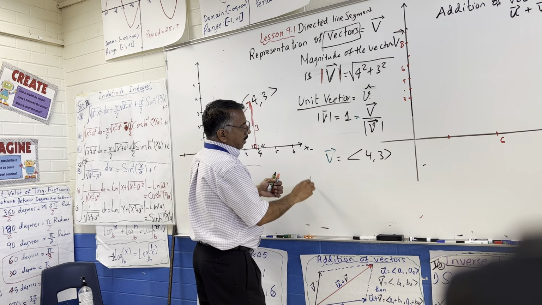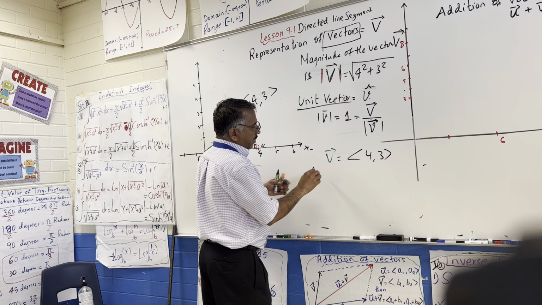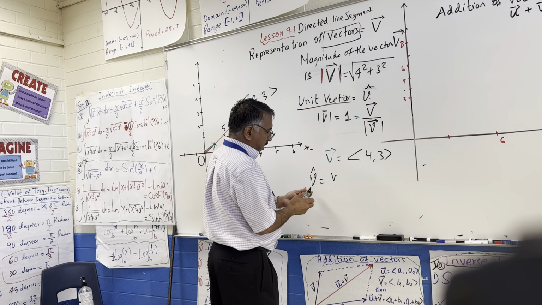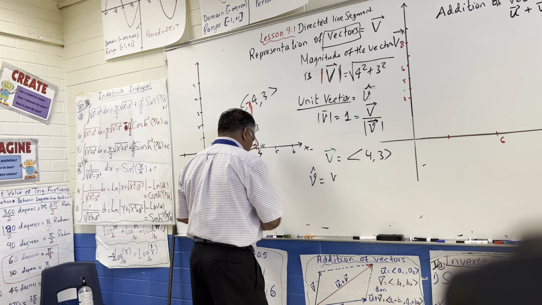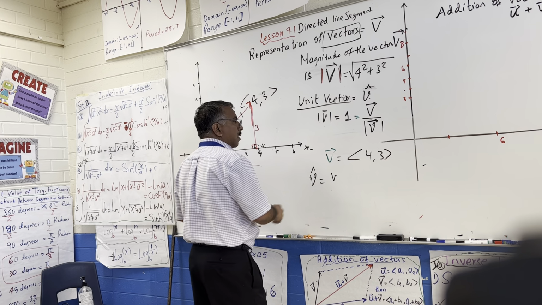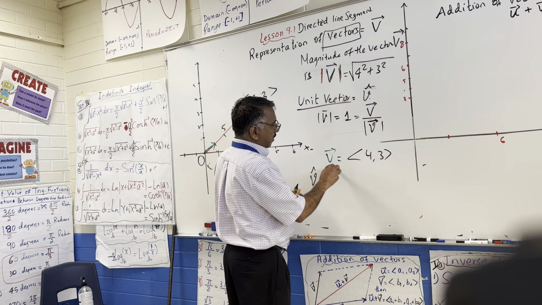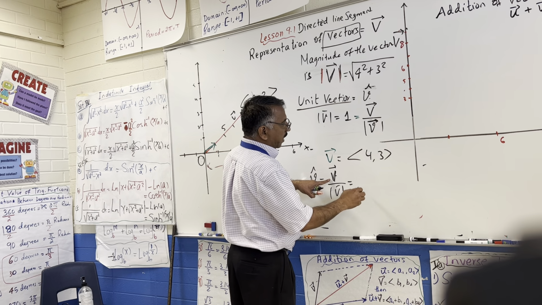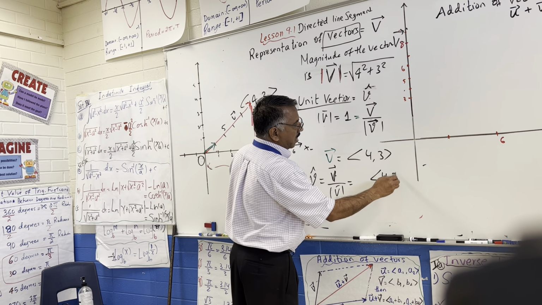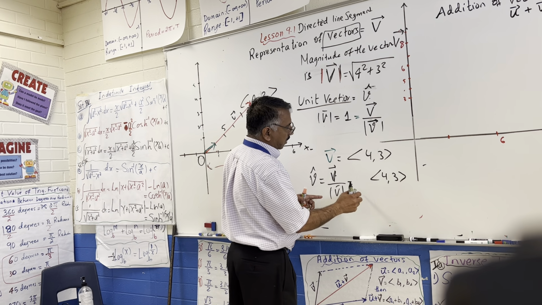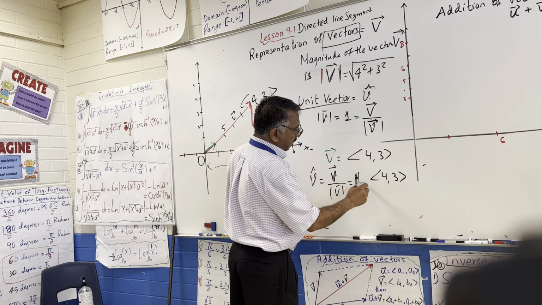So V cap, the unit vector along this V bar, is the same vector, but you divide by its magnitude. The vector is 4 and 3, and the magnitude was 5, so it is divided by 5.